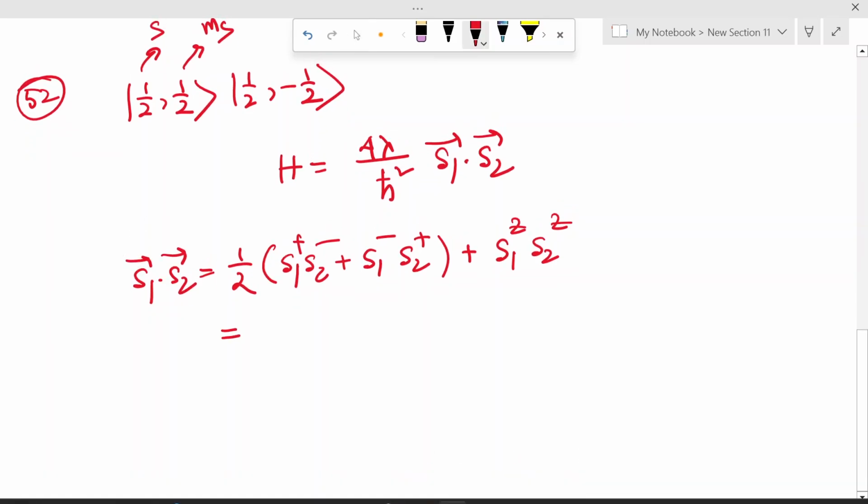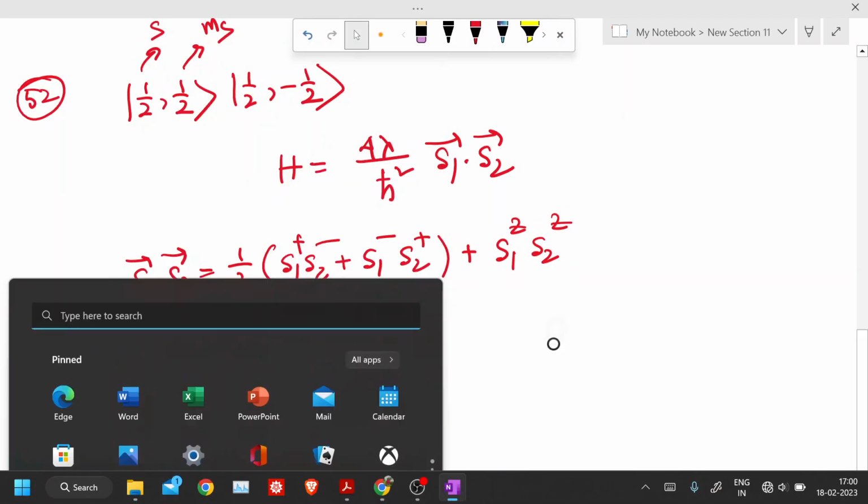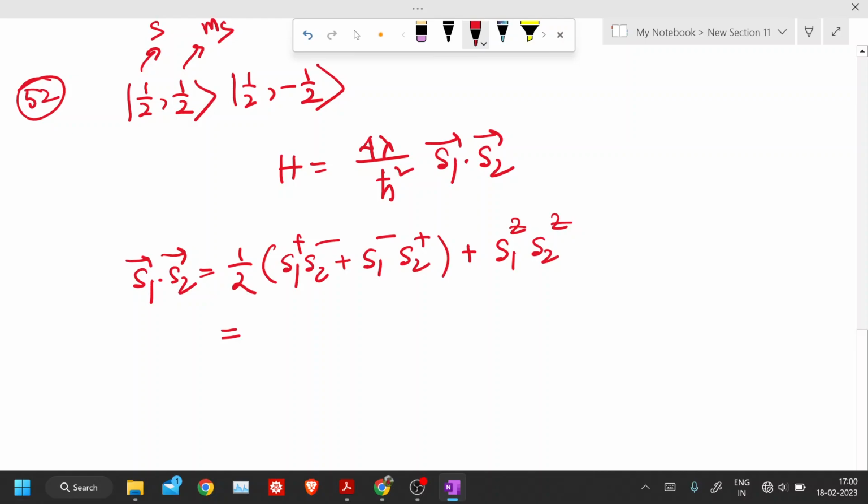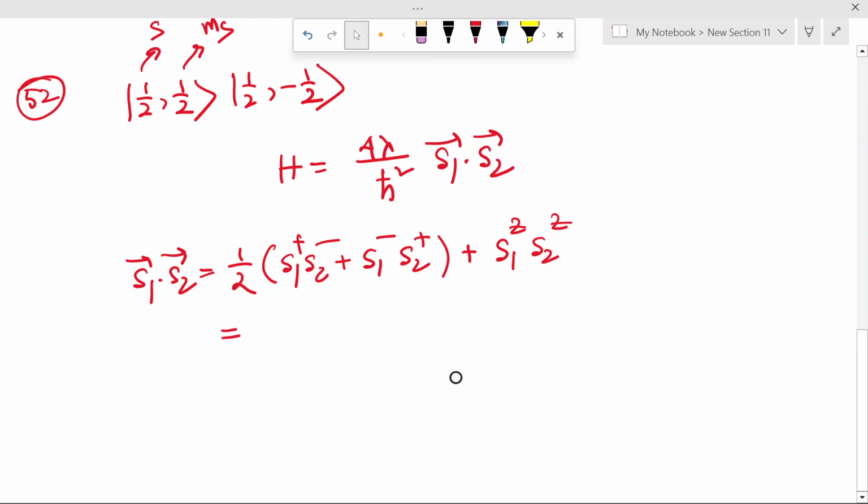Now you act this operator on this state. First think of this case: S2 minus will act on this and make it 0, so this term will not contribute. S2 plus will act on this one and make it positive 1, and S2 minus will act on this one and make it negative 1.